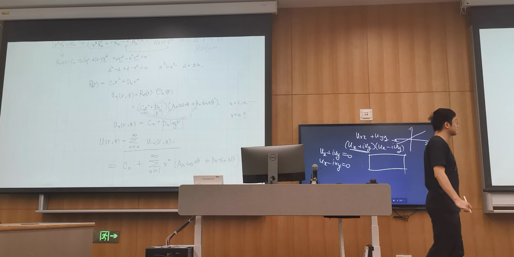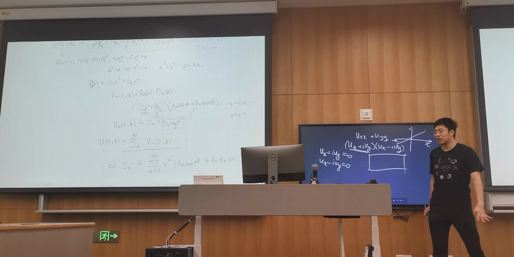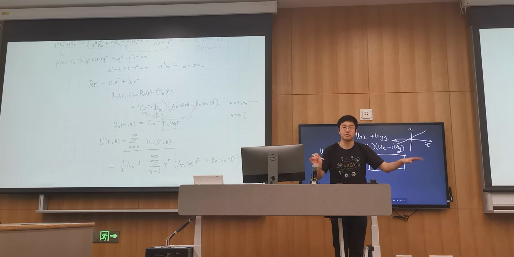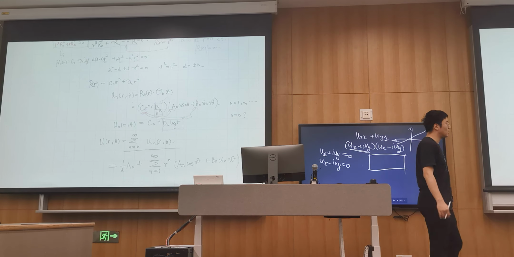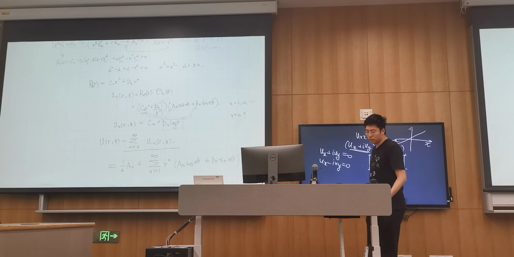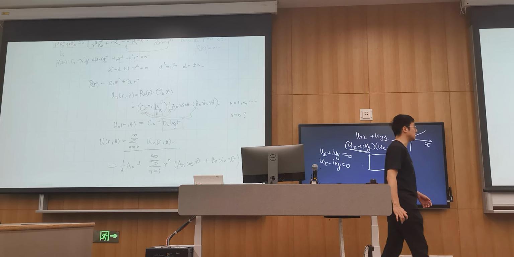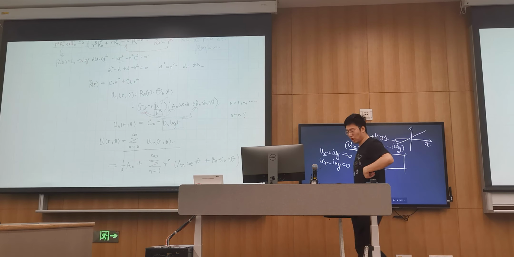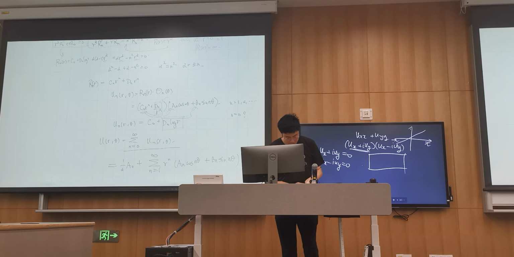So far so good? If we would like to comply with our tradition of the full Fourier series, we can also write the origin term as something like 1 over 2 b0. Doesn't really matter. Okay, so finally, how do we determine these coefficients?